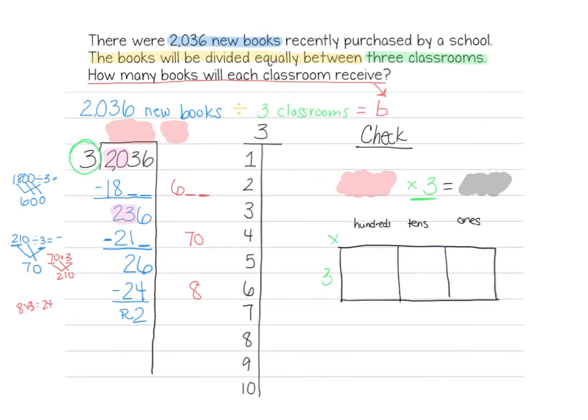When you find each of the parts of the area model, you will add them up. And you will see, oh, is that my dividend, the number that I started with? If it's not, we need to add the remainder.